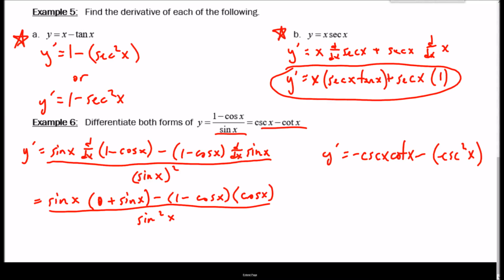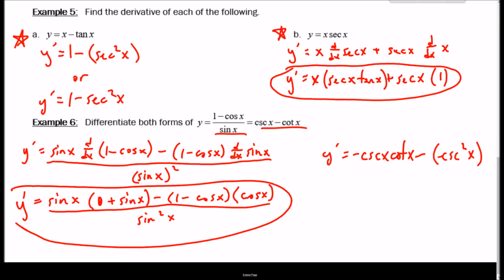Remember, the derivative of all the co-trig functions are negative. So we have y prime equals this left one, and y prime equals this right one. These two are equivalent, but they look very different. But both of them are acceptable.